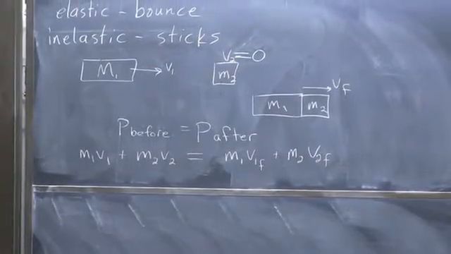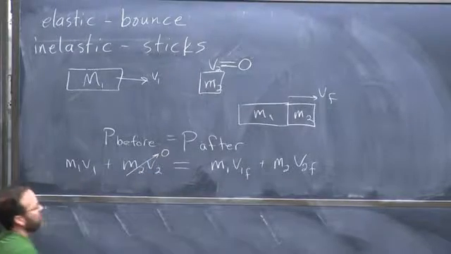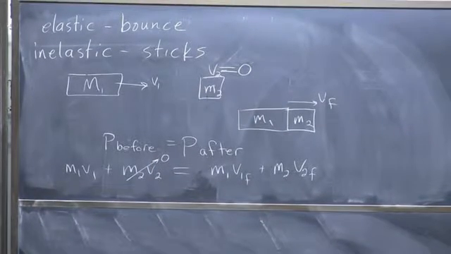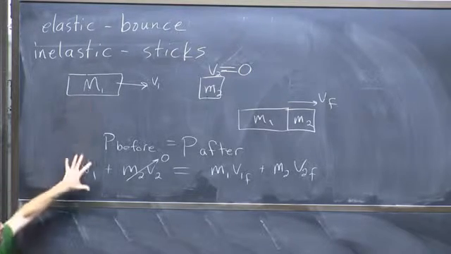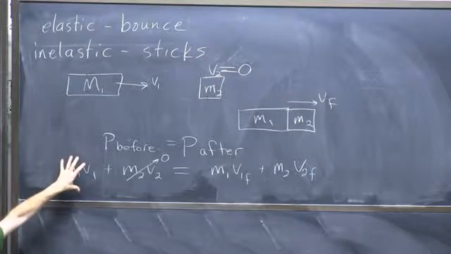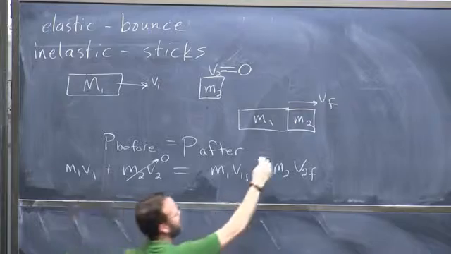Then you can start realizing this is 0, so that momentum goes to 0. What started as 0. So the big cart had all the momentum to begin with. Then this is an inelastic collision.